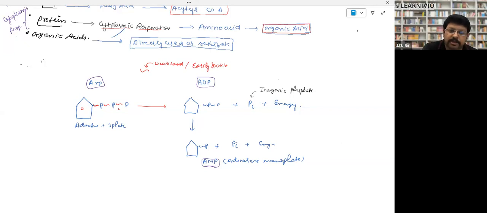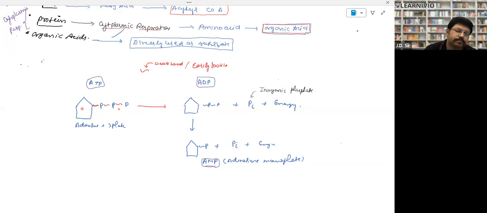The common respiratory substrates are carbohydrate, protein, fat, and organic acids.